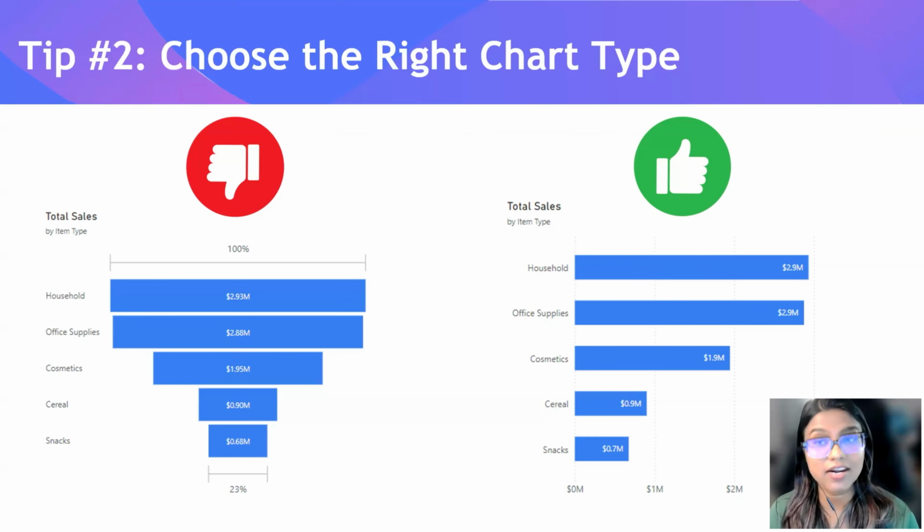On the left, we have a funnel chart, which is great for showing a process, say a sales pipeline. But for comparing the sales, it's totally wrong. It's confusing. On the right, we have a beautiful bar chart, clean, simple, easy for comparing values. Instantly, you will be able to find out which item sold the most and which item sold the least.